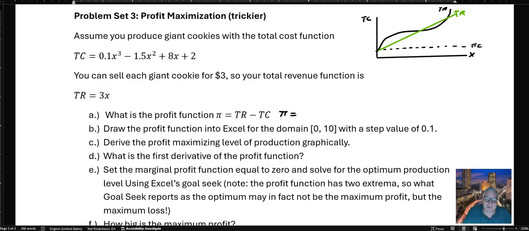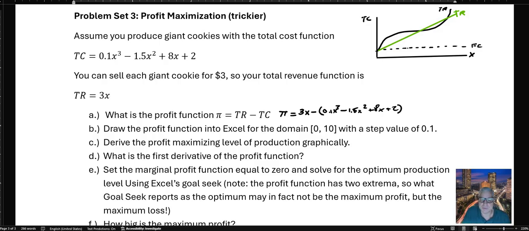So the total revenue is simply 3x minus, and now we subtract the total cost, which is minus 0.1 x cubed minus 1.5 x squared plus 8x plus 2.